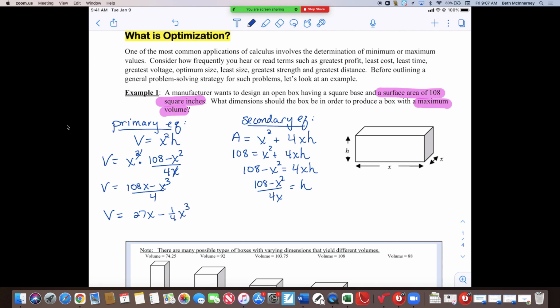So what I want you to notice is that we used the secondary equation to substitute into my primary equation to give me one variable. Does that make sense, what I've done? All right, now I'm going to find the derivative.